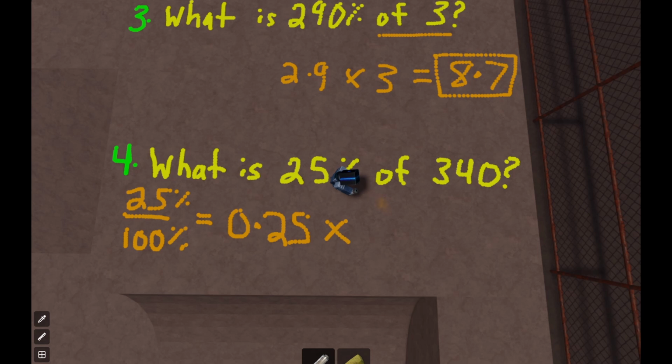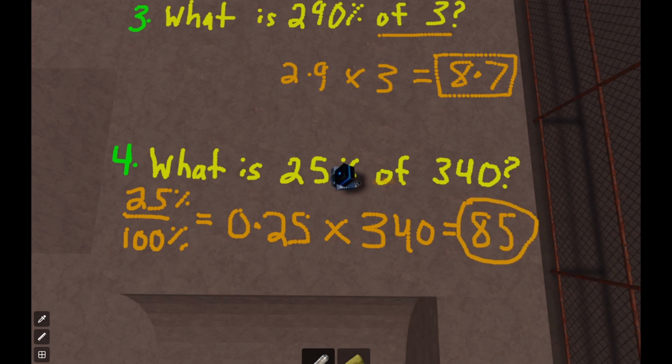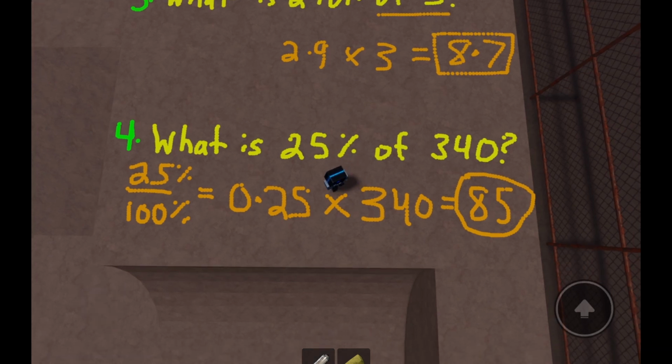So we have 0.25 times 340. And if you do that, you'll get that the answer is 85. So this means that 25% of 340 is just 85. So it's a lot of problems like this. Just turn the percent into a decimal and then multiply that decimal by whatever number you're given.